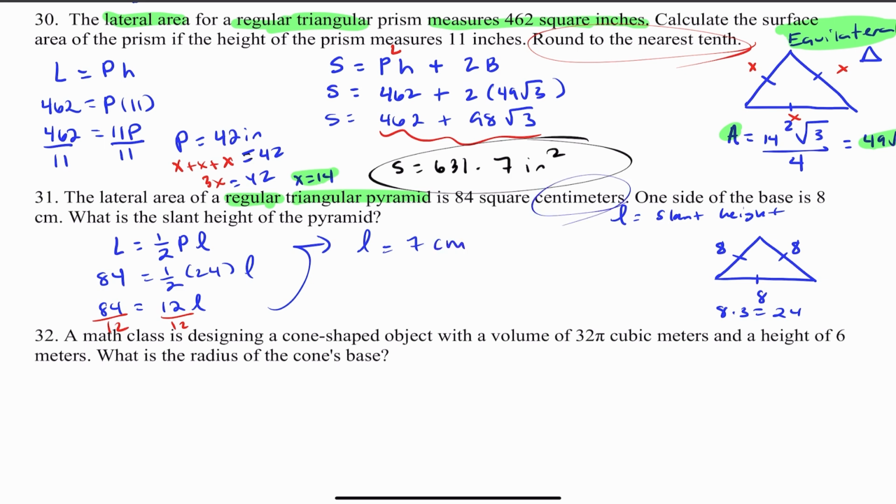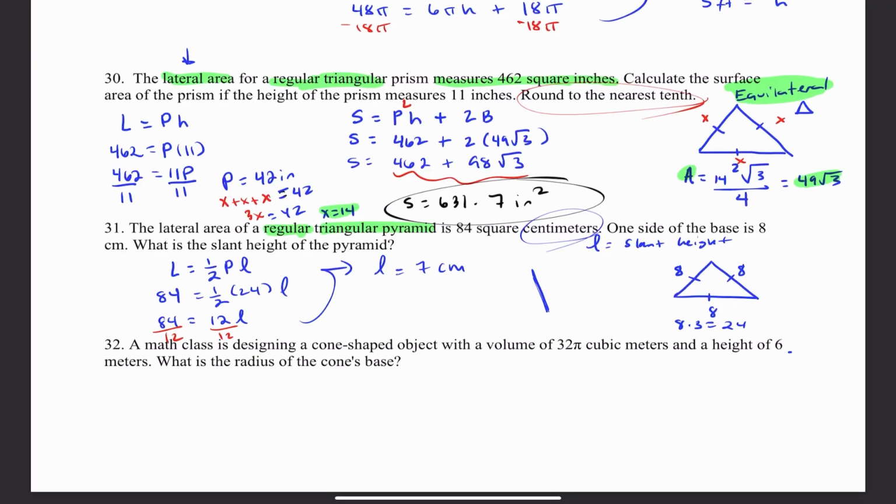We do not square this one because the slant height is a one-dimensional object, so therefore we just leave it as centimeters, okay?